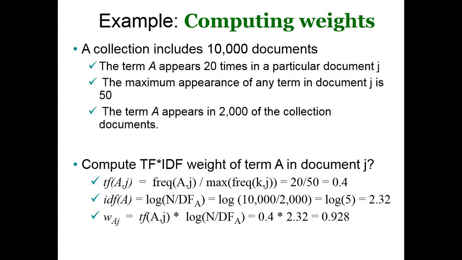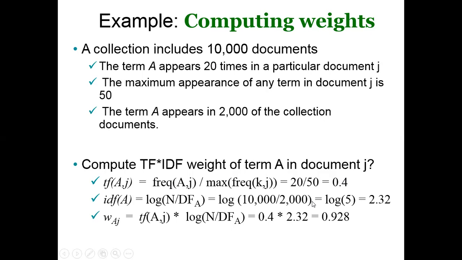Then we have to normalize it. For normalization here, what's given is the maximum frequency of another term which occurs in document J, 50. So for term frequency of term A in document J, take its frequency 20 times, then normalize it by 50, the maximum frequency of a term which occurs in document J. So that will give us 20 over 50, 0.4.